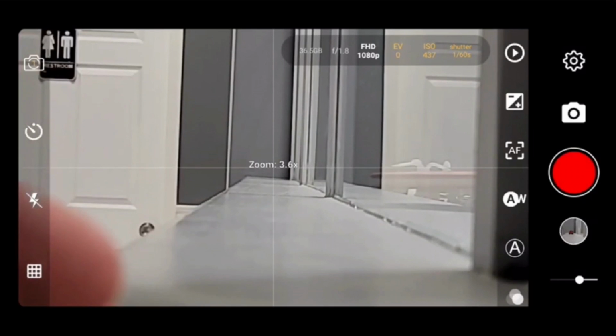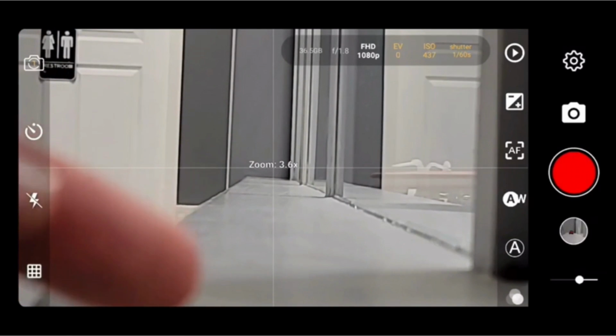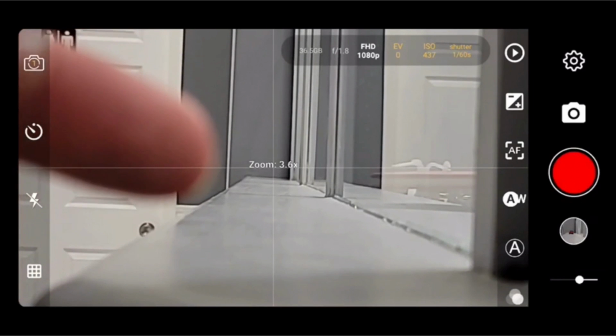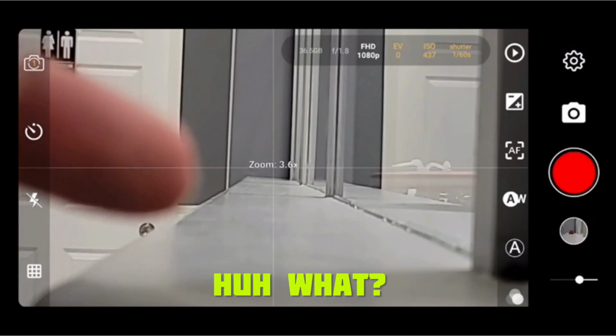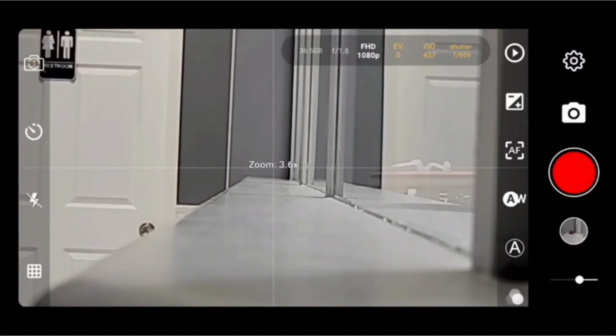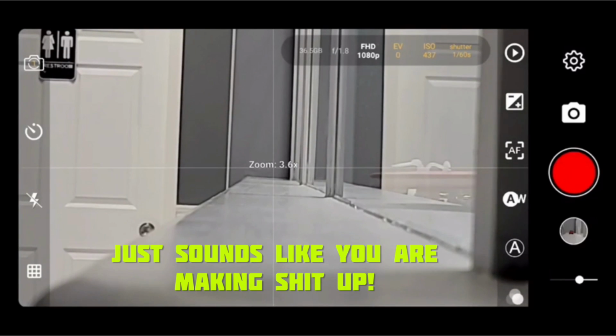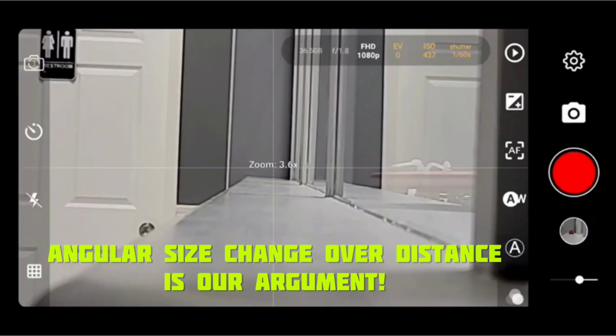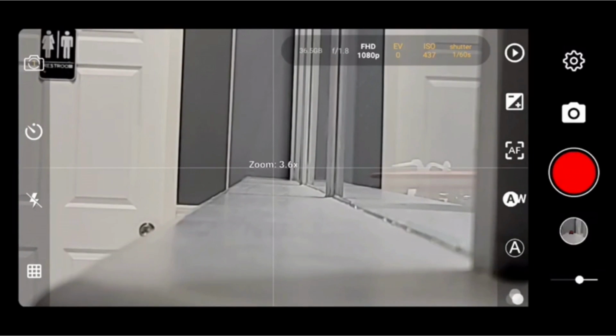They think that this part is the bottom, this part up here is the top, or at least the middle, instead of angular size change over distance. Now, this ledge right here is a pretty prime example of how that would work.